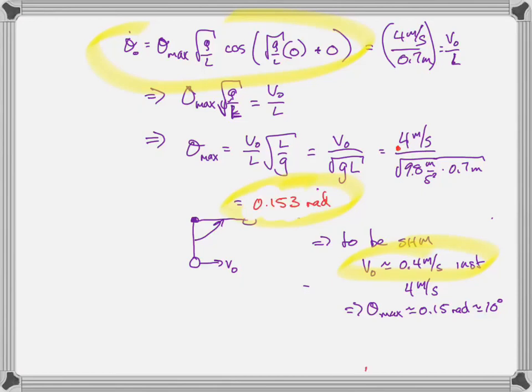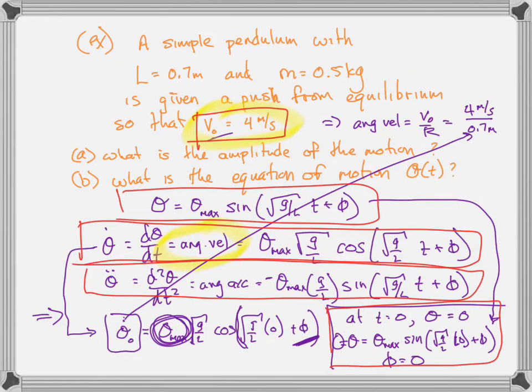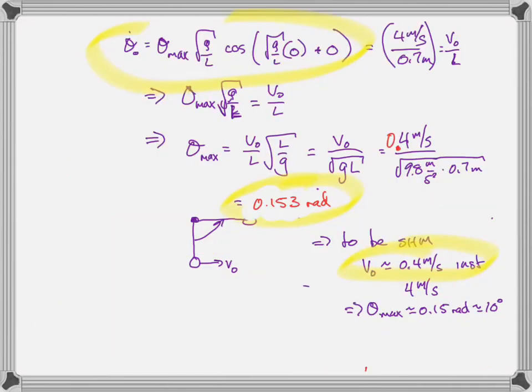To go back and look at this problem, we just have to remember that we changed the initial speed to 0.4 meters per second instead of 4 meters per second. And this is the only place we've used it so far. Okay, so we've got 0.153 radians.